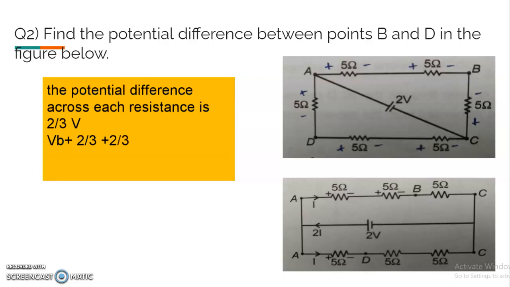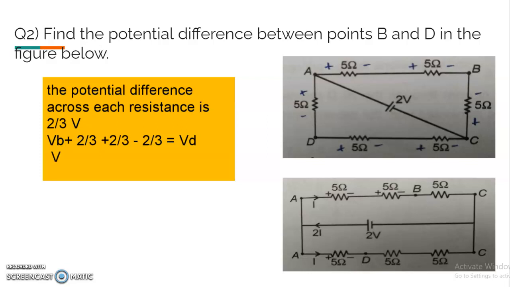Plus 2 by 3, and now coming this side, it is from positive to negative. So my friends, like how I told you earlier, it will be minus 2 by 3, equal to VD.